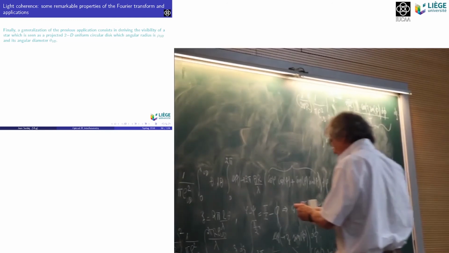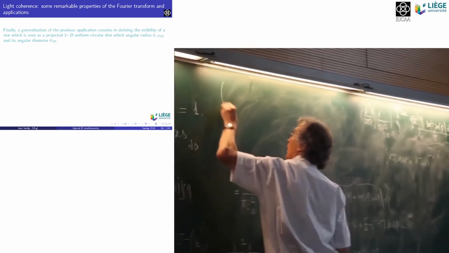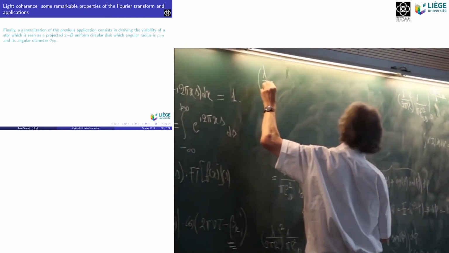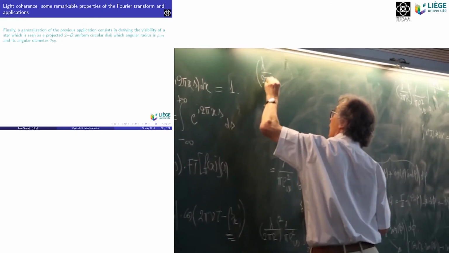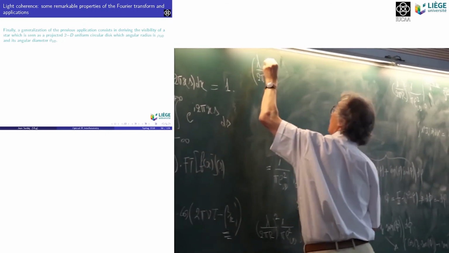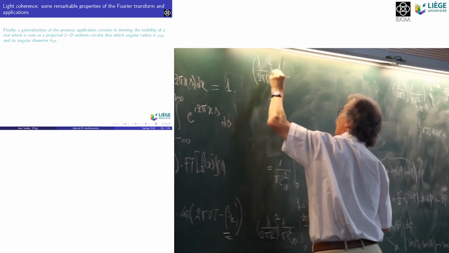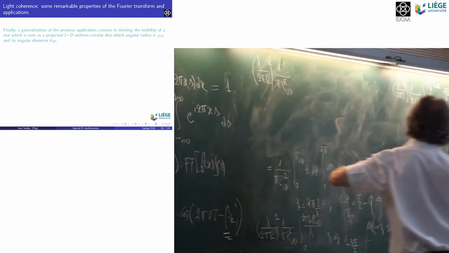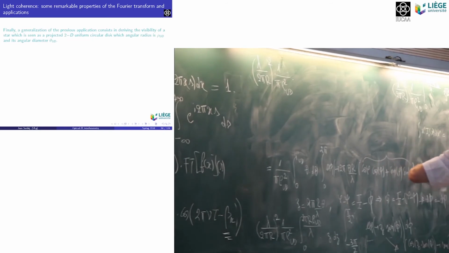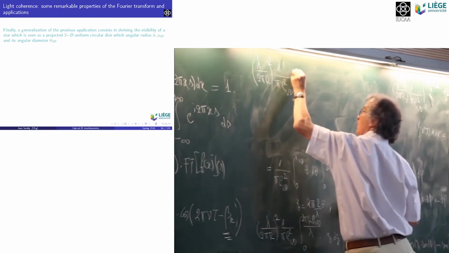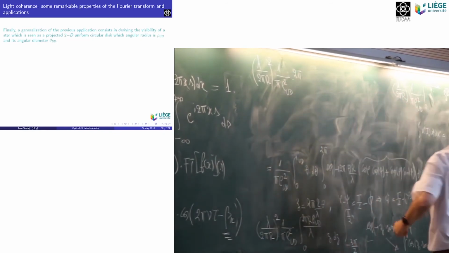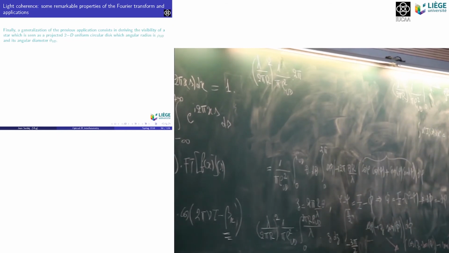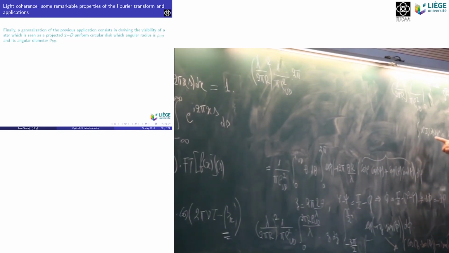So it is equal to lambda over 2 pi r squared times 1 over pi rho_ud squared multiplied by 2 pi. Now I have to apply this property.